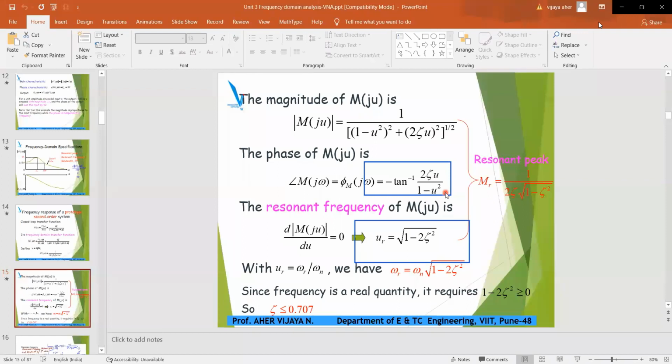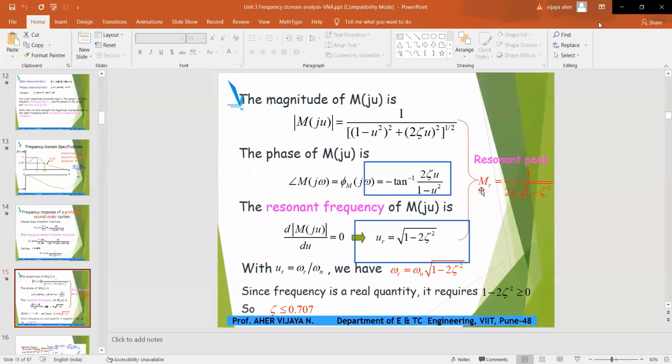So we now have the equation for magnitude of mju and the equation for phase of mju. This magnitude equation is your gain characteristics, and this equation is your phase characteristics. From these equations, we are going to find the equation for maximum peak or resonant peak.